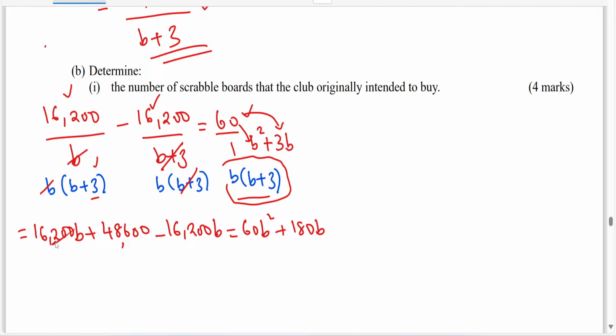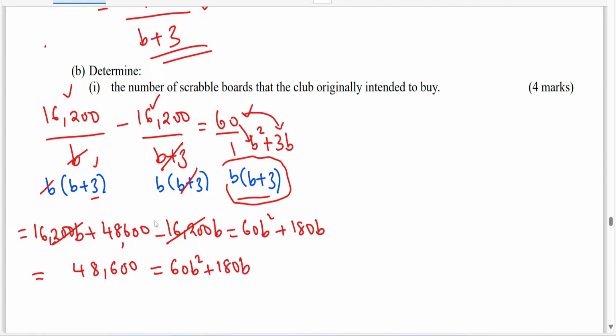Simple as that. So this one and this one cancel out, because we are subtracting the two things which are equal, just the same. So kama kusema 1 minus 1, so 16,200B minus 16,200B gives you 0. So you'll remain with 48,600 equal to 60b squared plus 180b.